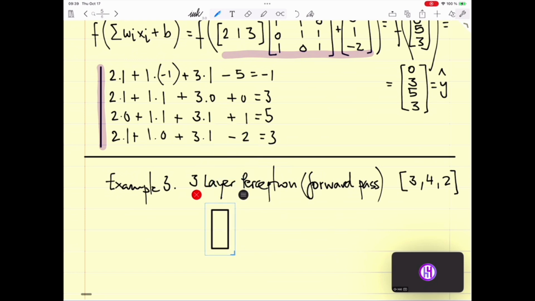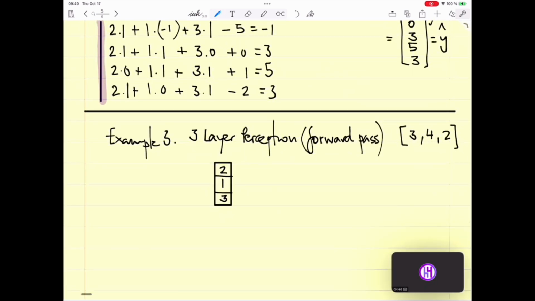So we have our initial input vector 2, 1, 3 again. So this is x1, x2, x3. Then I have my neurons again, 1, 2, 3.